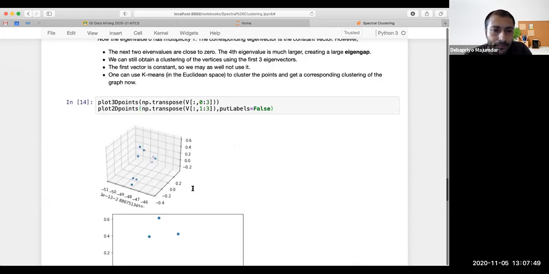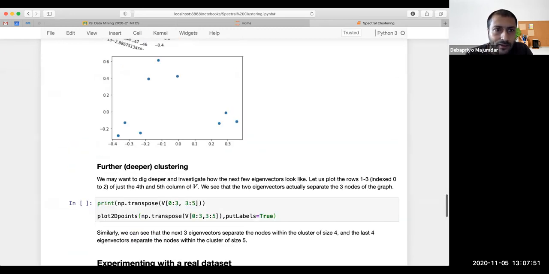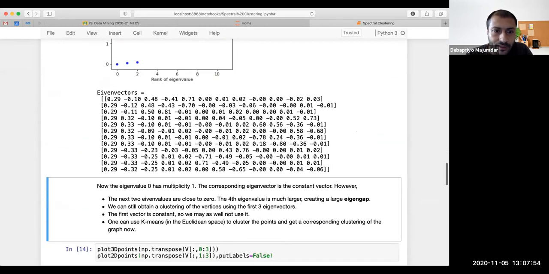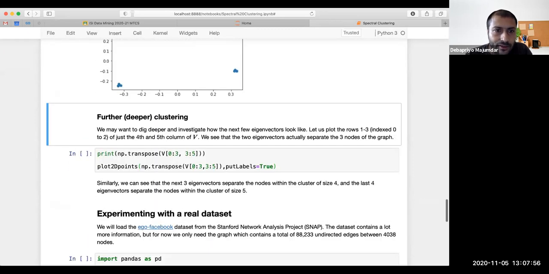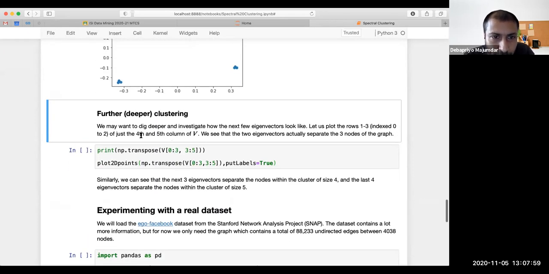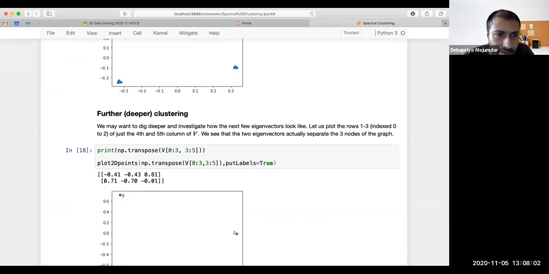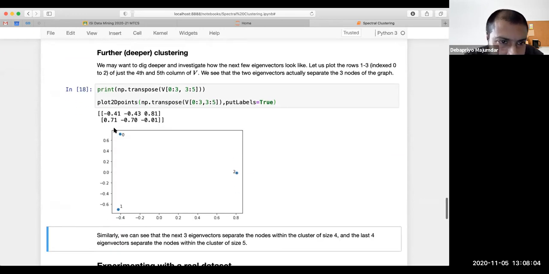So if we simply plot the fourth and fifth columns, then the first node corresponds to this, the second node is this, the third node is this, and now you can see the difference between them. So it gives you an option of further hierarchical clustering, right? Once you have done one level of community detection, if you want to go deeper, you can actually do this.